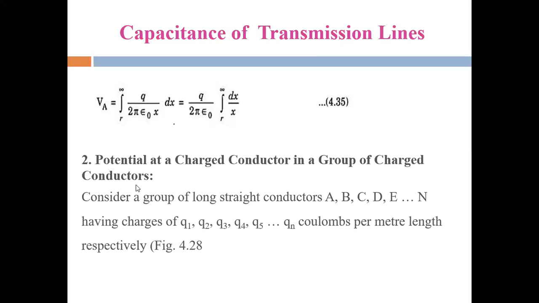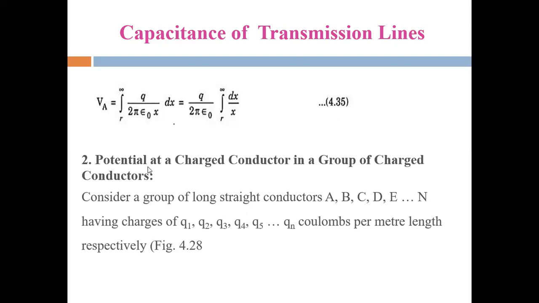When we take a group of charged conductors, how much is the potential? That will be calculated in this derivation: the potential at a charged conductor in a group of charged conductors.